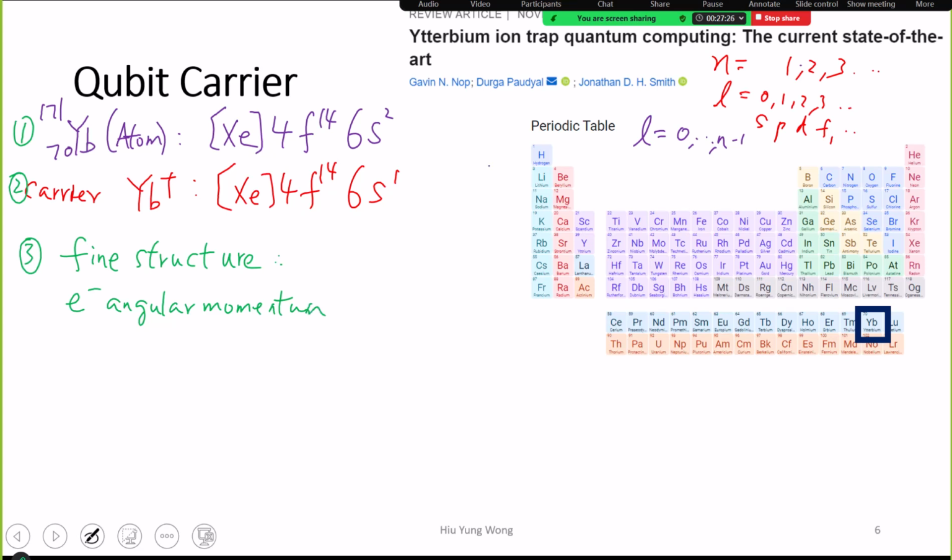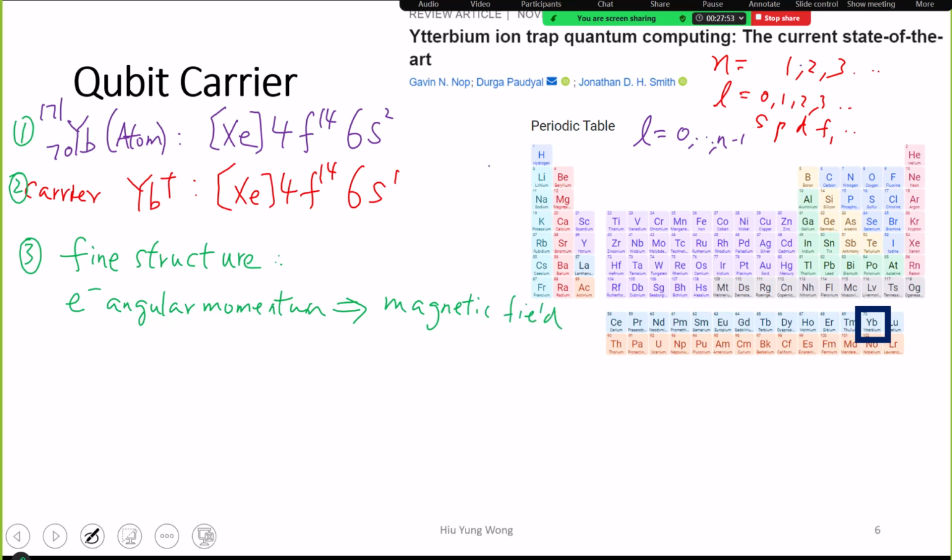Then what happens? A moving charge, just like a looping current, will produce a magnetic field. This is a very hand-waving discussion, but it is correct even if you do the quantum treatment.